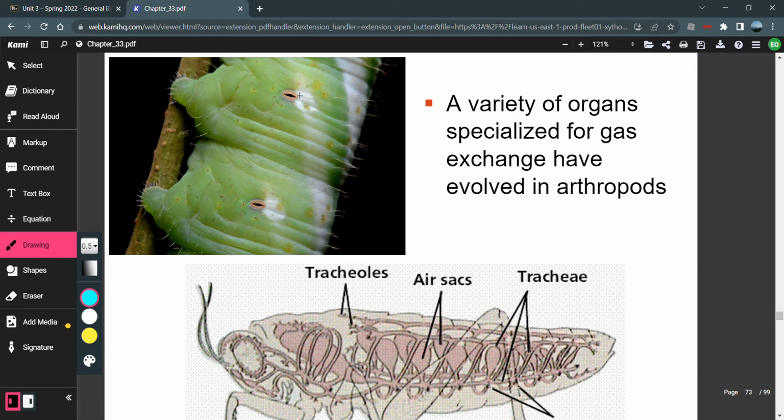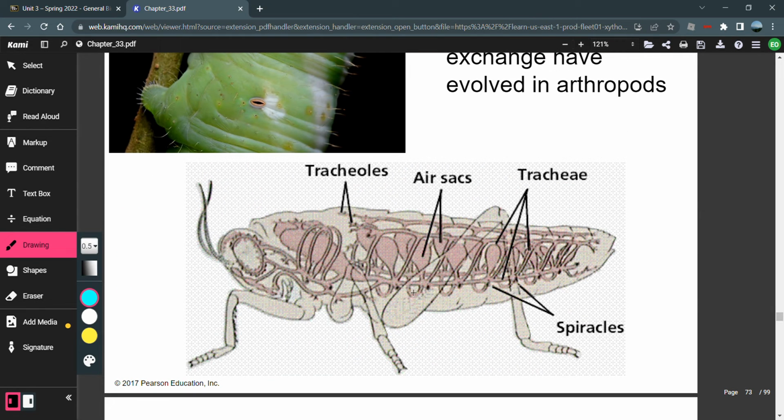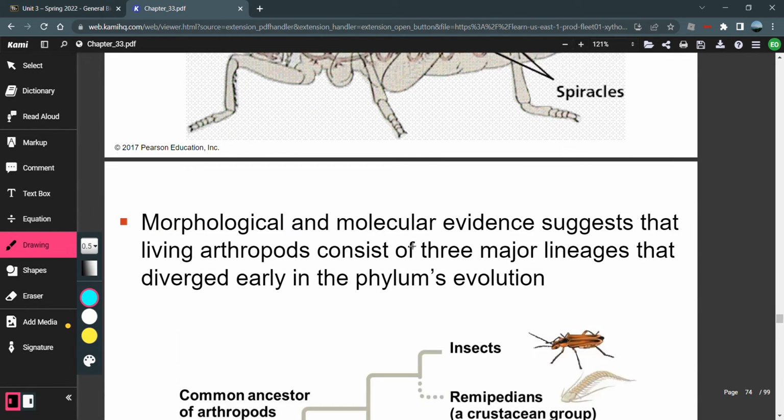Actually, no, I said that wrong. The spiracles, these are the spiracles, lead to tracheae, and the tracheae lead to tracheoles and into the air sacs, where gas exchange occurs. That's basically the equivalent of our alveoli.